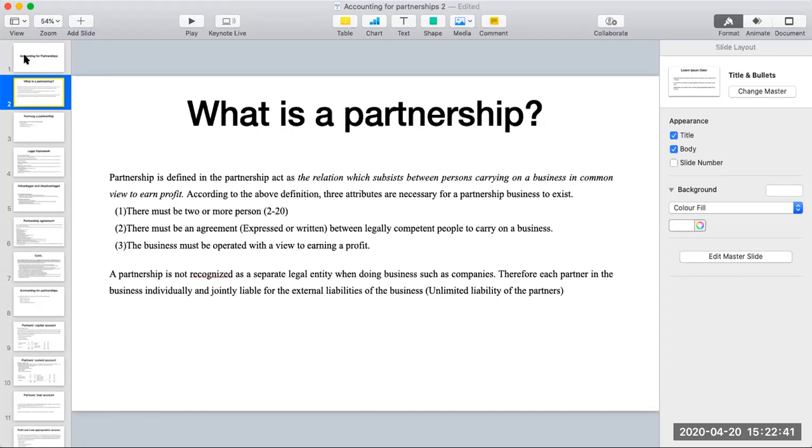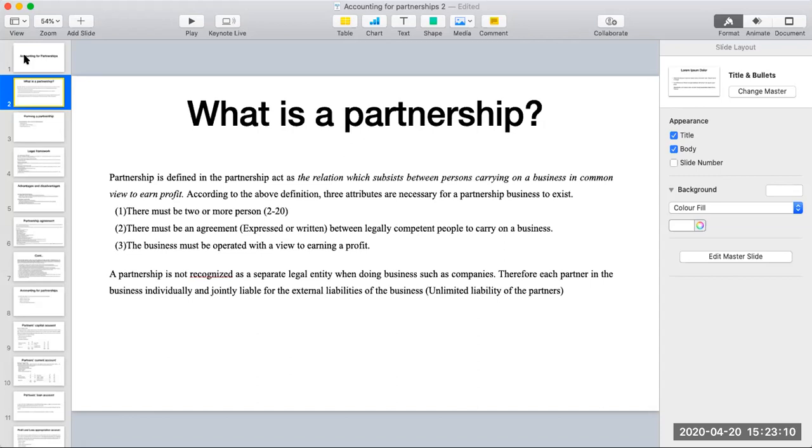It can be an oral agreement or a written agreement. Then this business is operating to earn profits, not for any other purpose. If all these criteria are met, then we call this particular business a partnership.